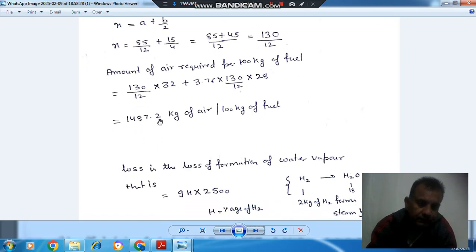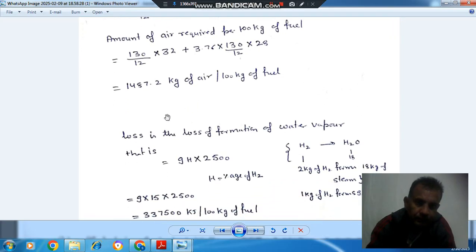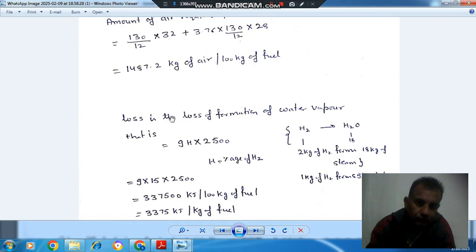in our question the net calorific value is given and loss in the fuel is due to formation of water vapor. So as it contains 15% H2, 2 kilogram of H2 will form 18 kilogram of steam and 1 kilogram of H2 will form your 9 kg of steam.